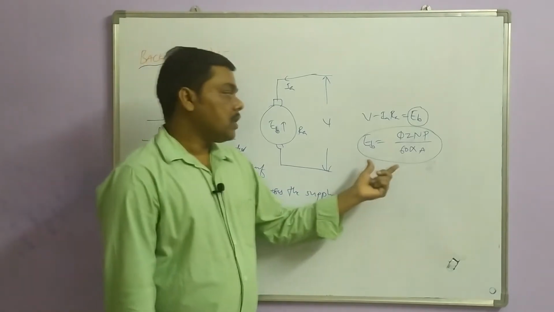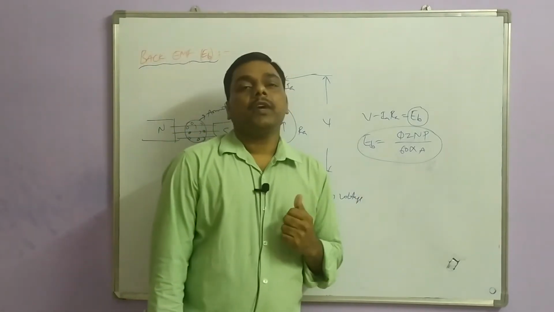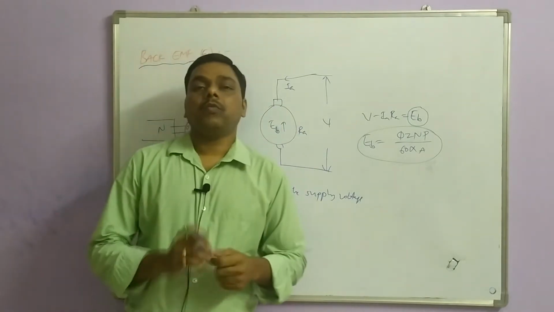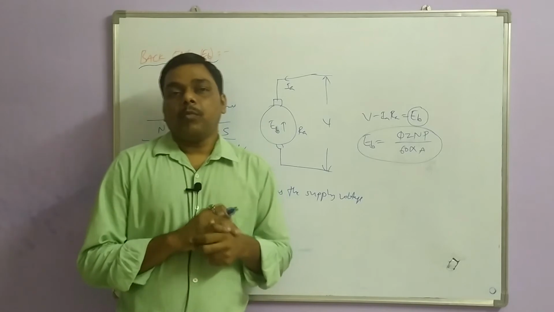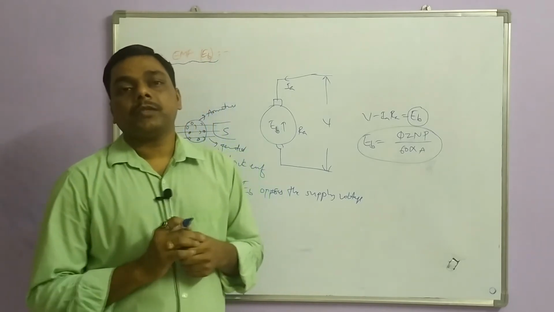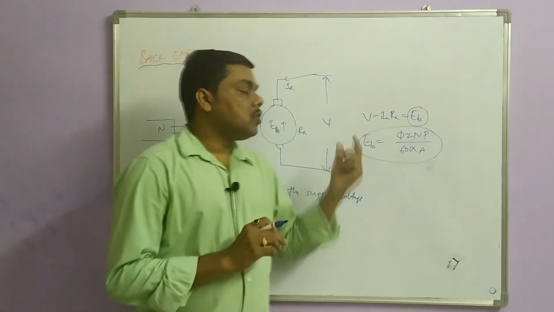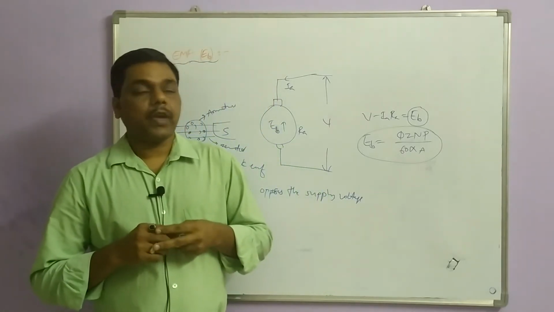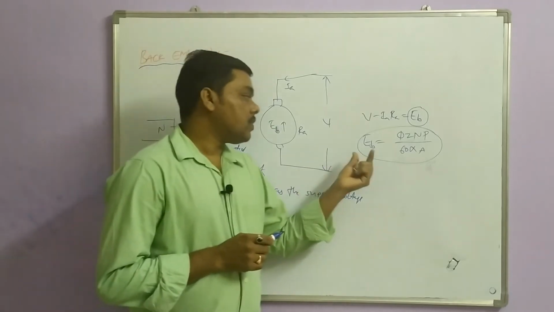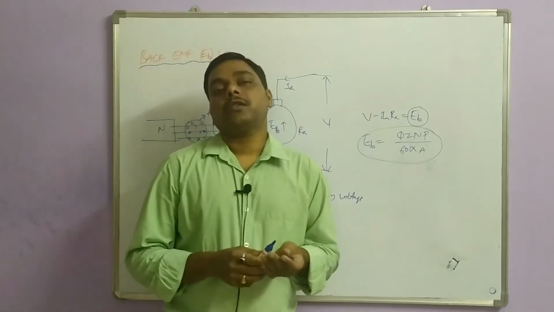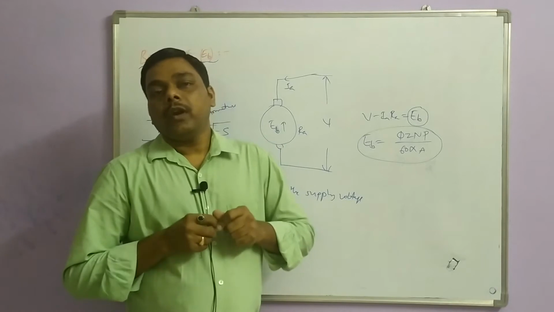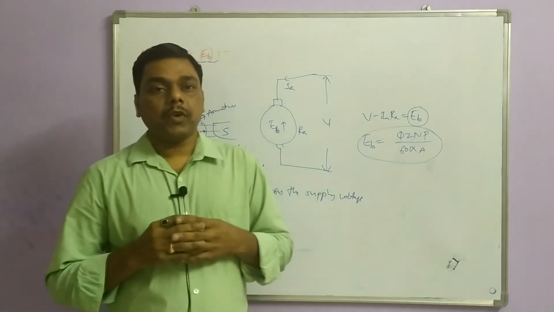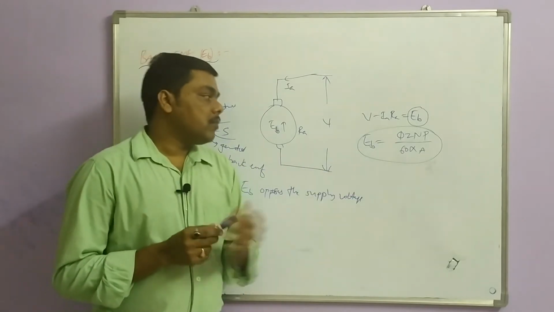Now by using this we can find out the back EMF, but back EMF and voltage relations are very important while you are calculating numerical problems and evaluating the solution for DC machine problems. So back EMF relations for different motors we are also going to work out from the types of DC motors. Now this is up to back EMF.